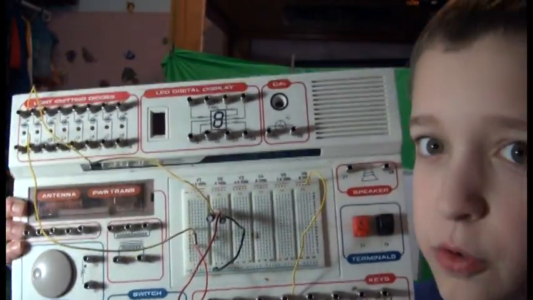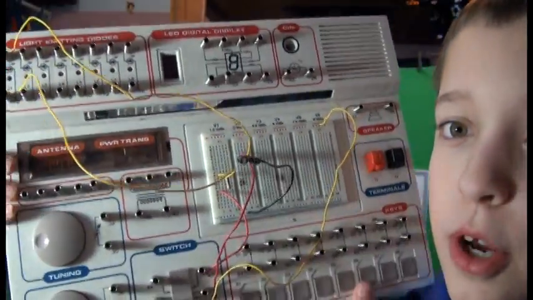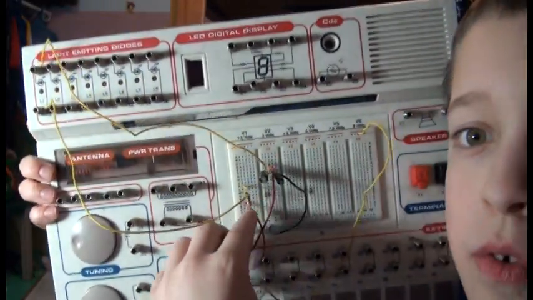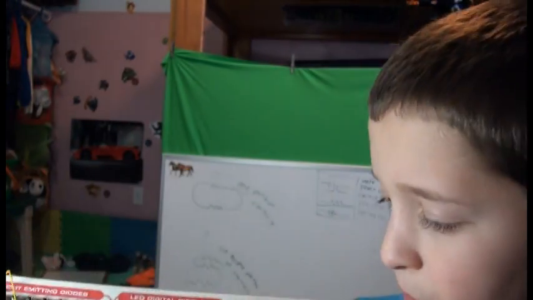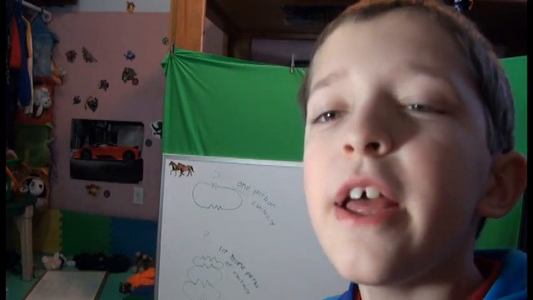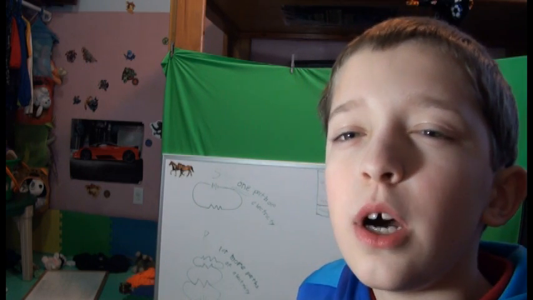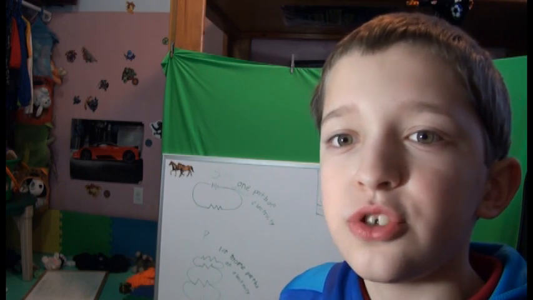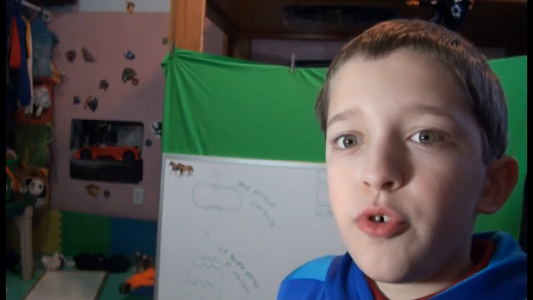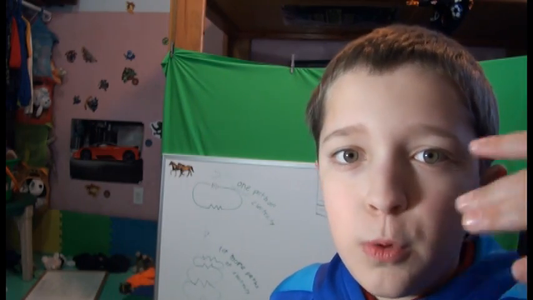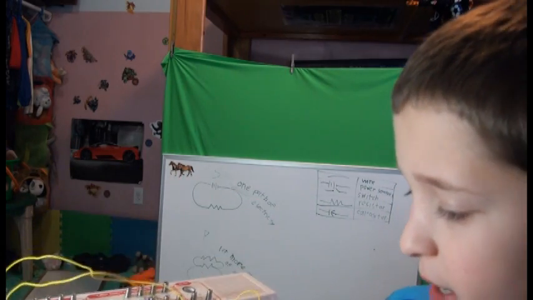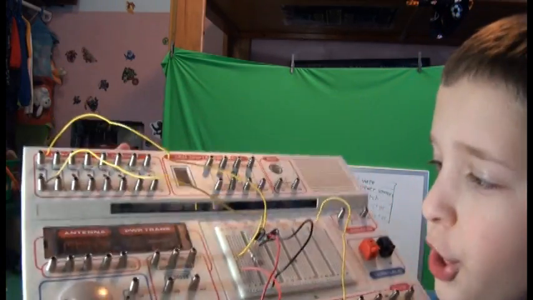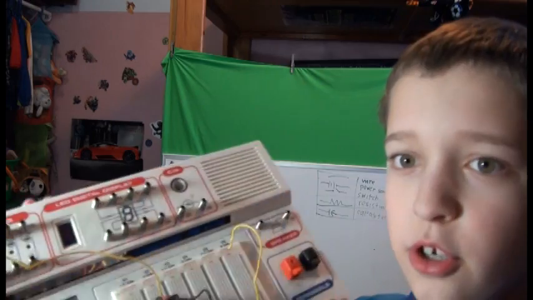I didn't really tell you what those are, but you can probably look it up. And we have a resistor right here. Resistors in general are meant to control the amount of electricity going through the circuit. That's the point of them. And then we have some wires hooked up to a switch, and then these are hooked up to LED 1.